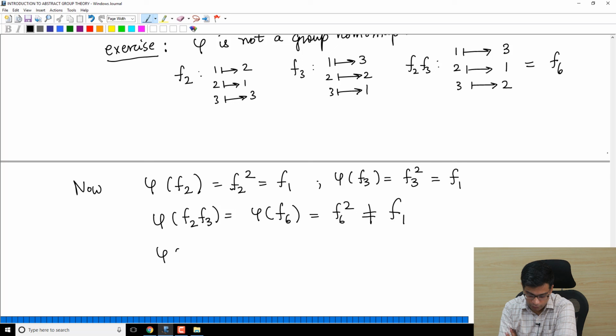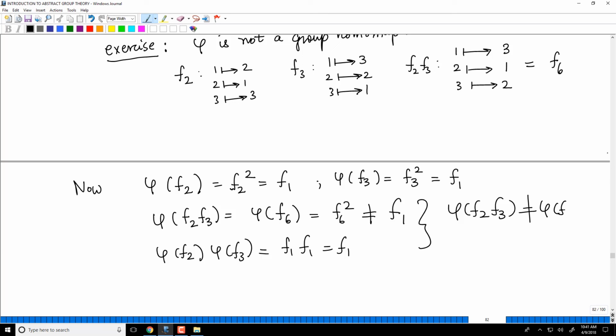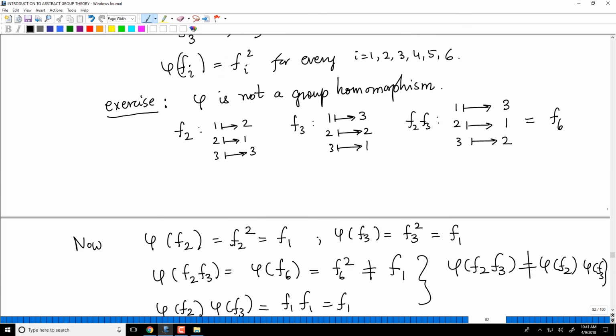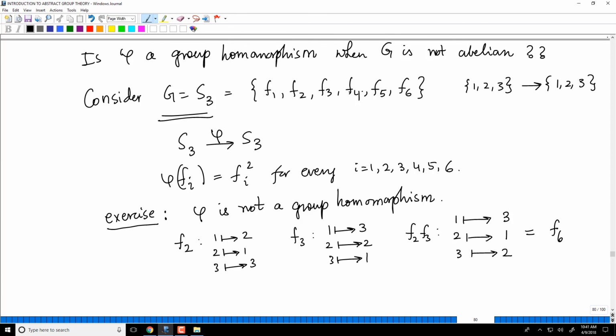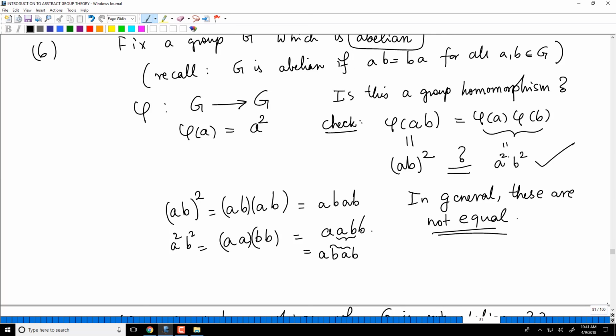But phi of f2 times phi of f3 is f1 times f1, which is f1. So phi of f2 f3 is not equal to phi of f2 times phi of f3. I have actually checked all the details here. You have a non-abelian group where squaring is not a group homomorphism. However, if the group is abelian, it is a group homomorphism.